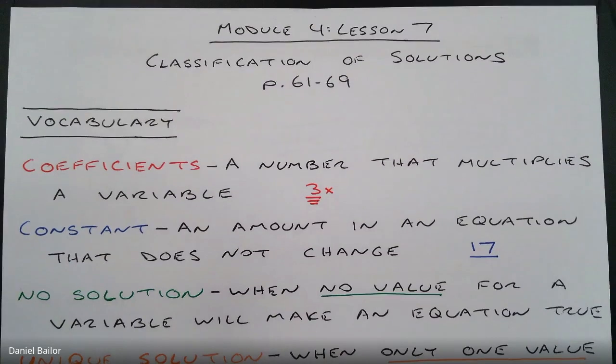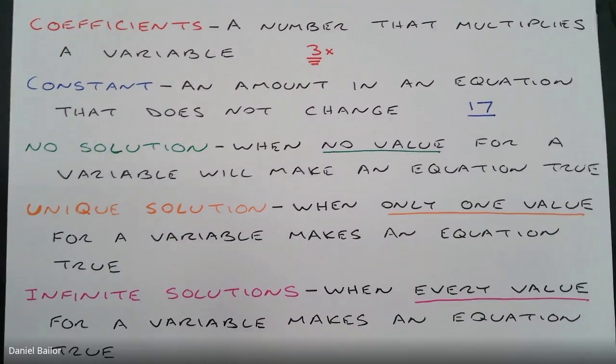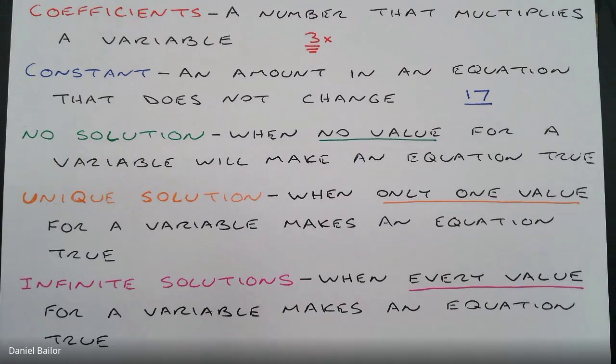Two more vocabulary words, so let me scroll up. We have unique solution and infinite solutions. They're kind of connected to no solution. They just mean different things. So some equations have no solution where there is no answer. Some equations have a unique solution when there is only one value for x that will make an equation true.